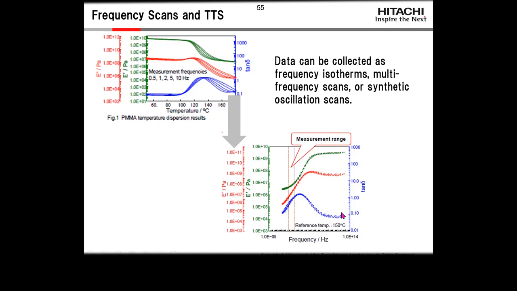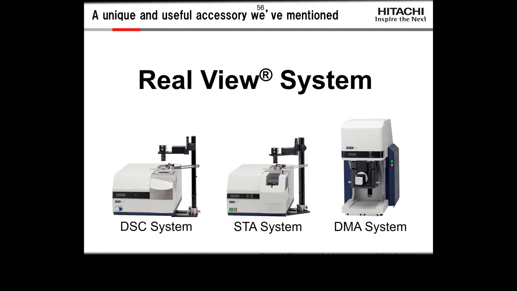So it's a lot bigger. It lets us look at a lot greater range. And there are several ways this data can be collected, including our synthetic oscillation mode, which really speeds up the collection of the data.